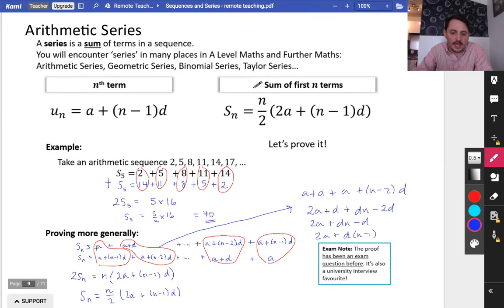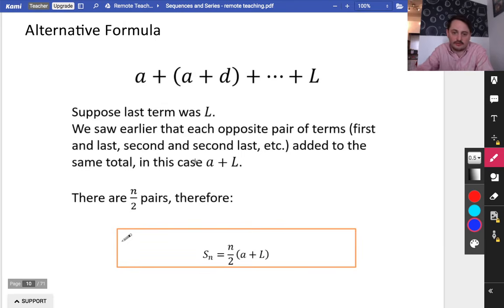The first one is a, and the last one is a plus n minus 1d, and each of these pairs added up to the first one plus the last one added together. So instead, you may sometimes use this formula, where the bit inside the brackets, which said 2a plus n minus 1d, is just going to be replaced with n over 2 a plus l.